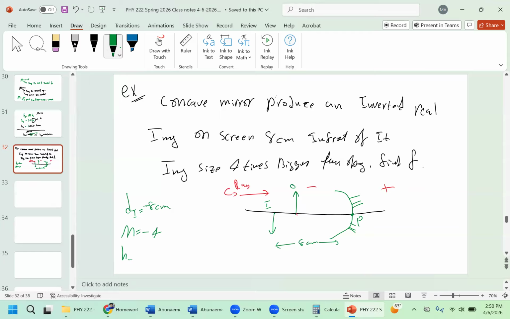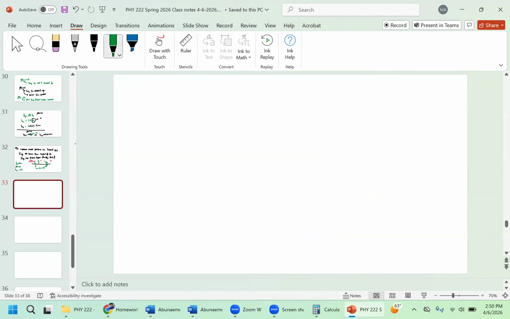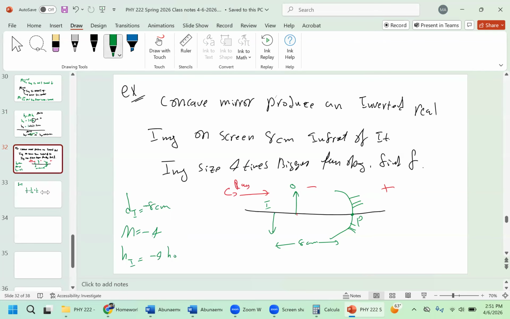And from this, HI is going to equal minus 4 HO. Now we need to find F. So we're looking for your focal length. And we know that 1 over focal length equals 1 over DI plus 1 over DO. So we have DI, we just do not have DO.